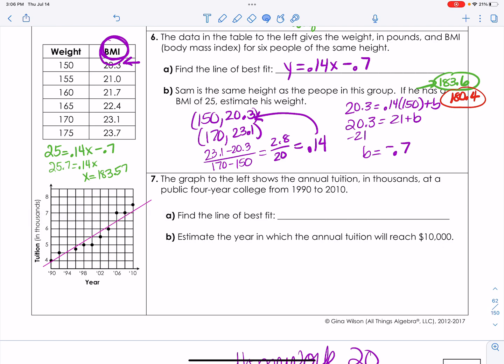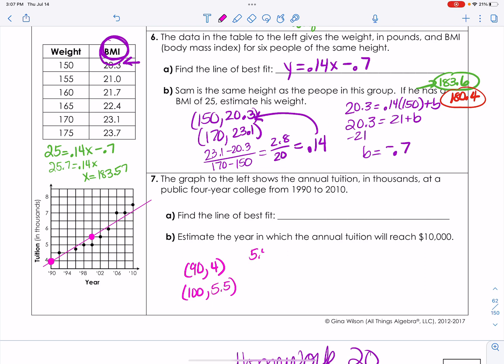That's close. It's going through the points, and there's no wrong answer as long as it's kind of going through them. So it hits right there at 90, 4, and if I follow it, I would say it hits right there at 100, 5.5.